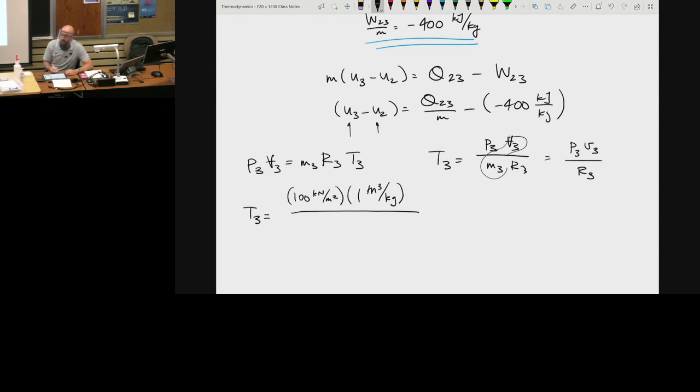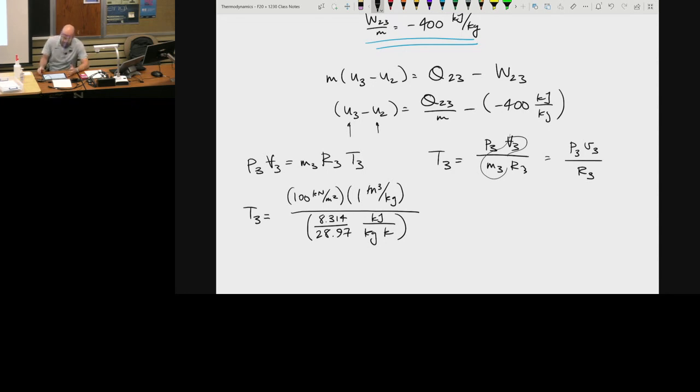Our R value that we're going to be dealing with is the R value for air. It's going to be 8.314 divided by the molecular weight of air, 28.97, and the units here are going to be kilojoules per kilogram Kelvin. I've automatically taken out the kilomole by dividing it by the molecular weight.